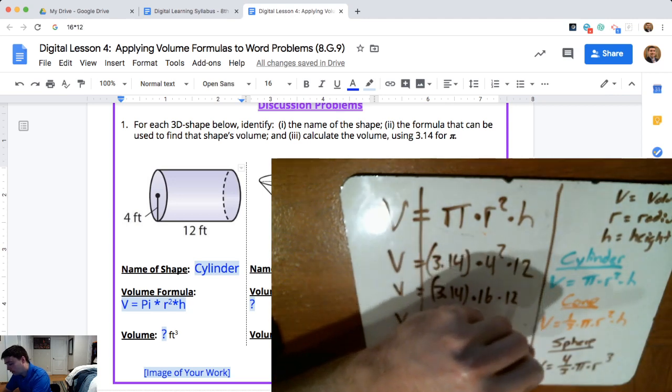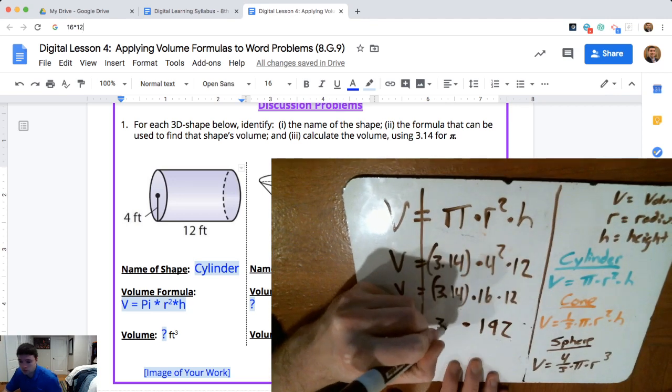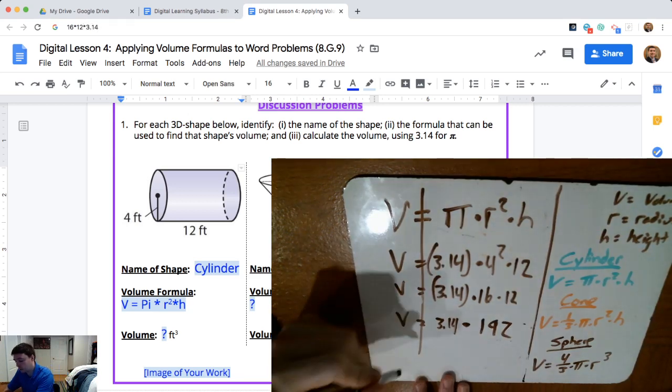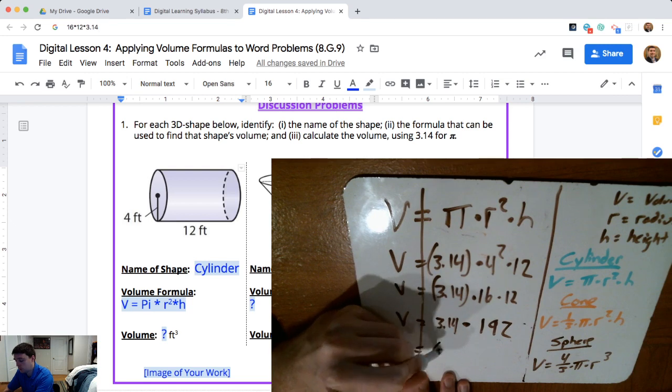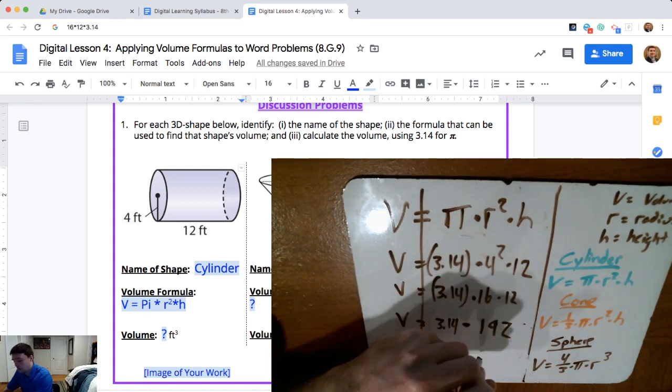And when we take 192 and multiply that by 3.14, we end up with a final answer, or a volume here, of 602.88.